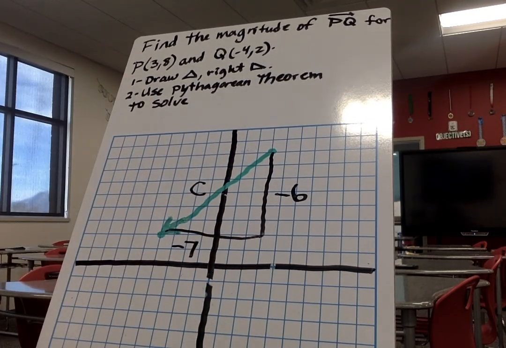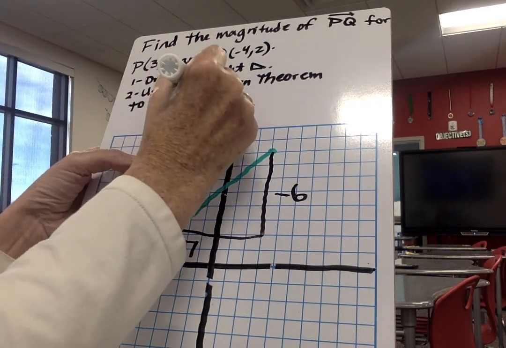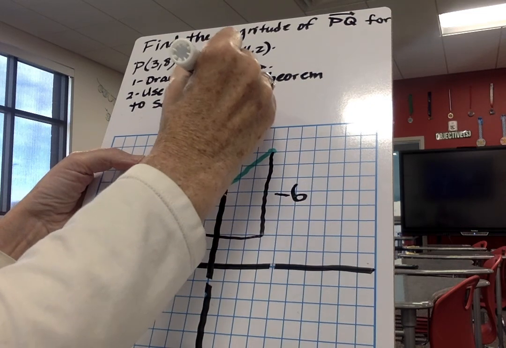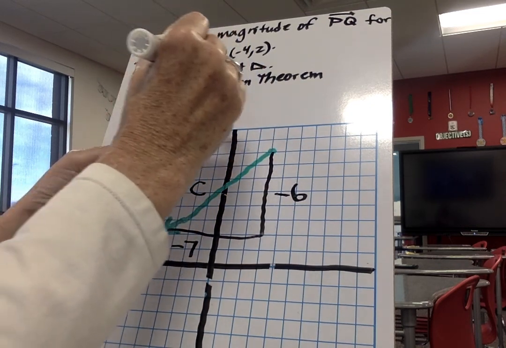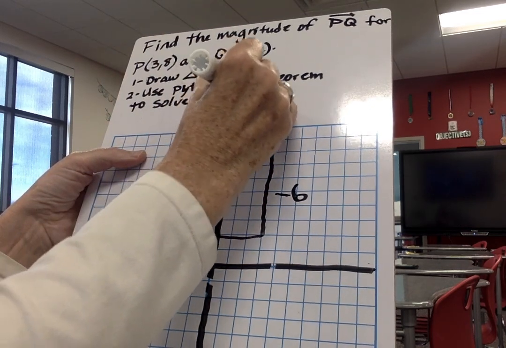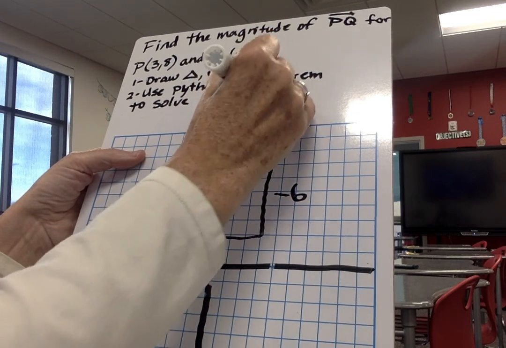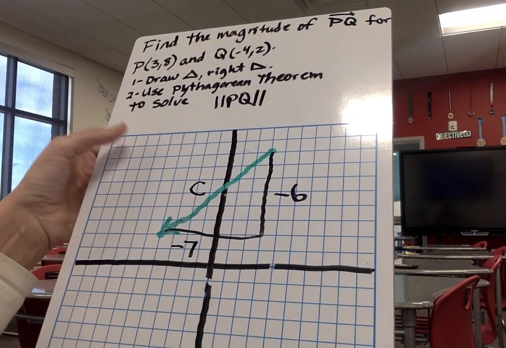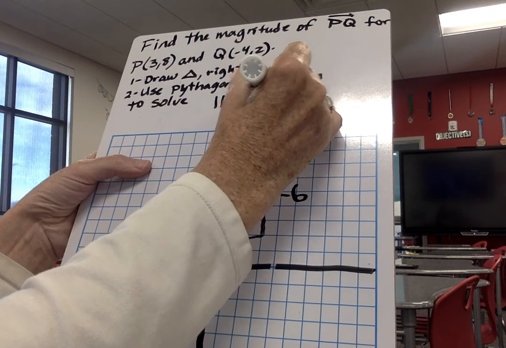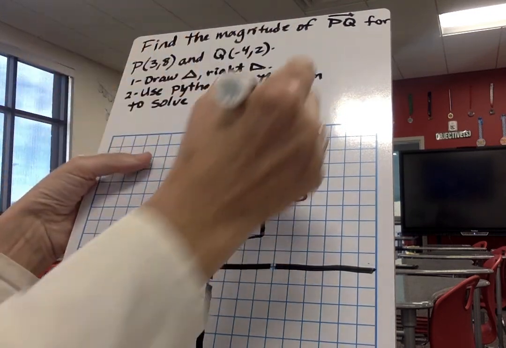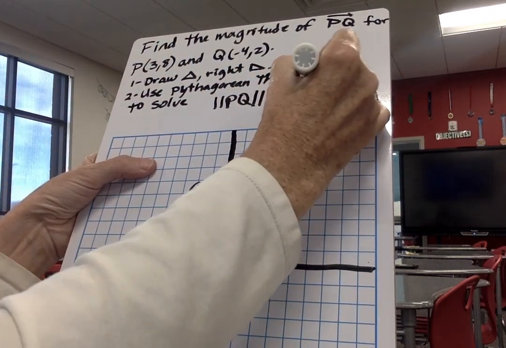Okay? And then we use the Pythagorean theorem to solve. This is the symbol that we use for the magnitude of PQ. It's like parallel lines almost. The magnitude of PQ equals, a squared, -6 squared.